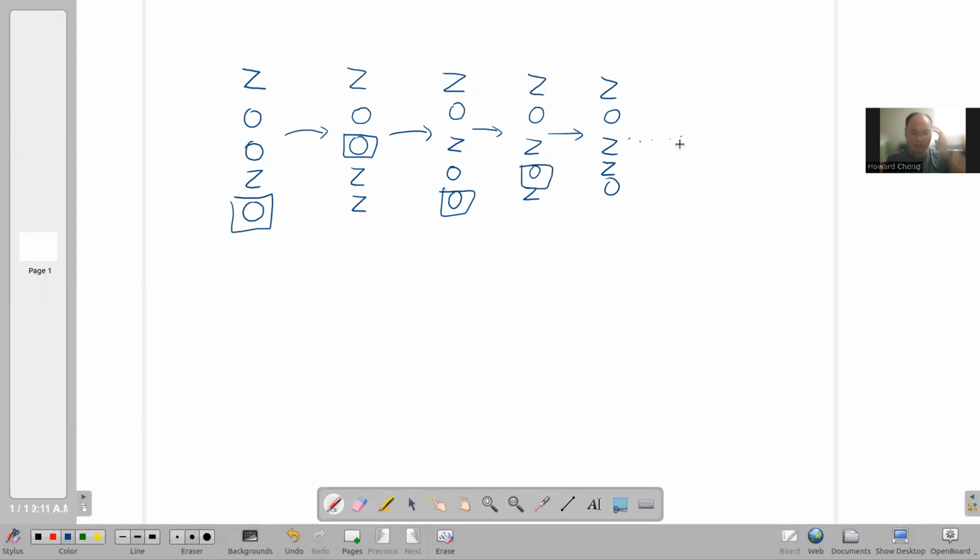And the question is, how many steps does it take before all of them become Z? And this will always happen. Why? Because the lowest O always turns into Z. It's true that there are more O's, but how do I explain this?